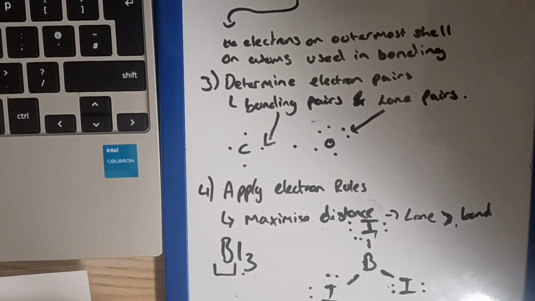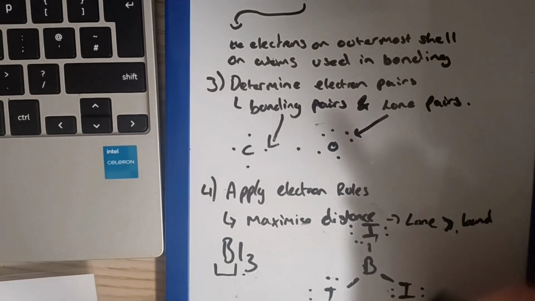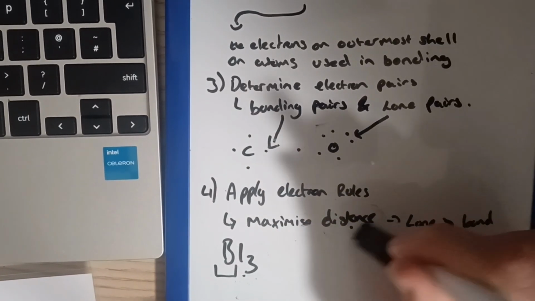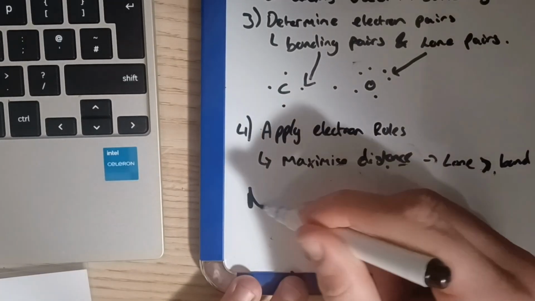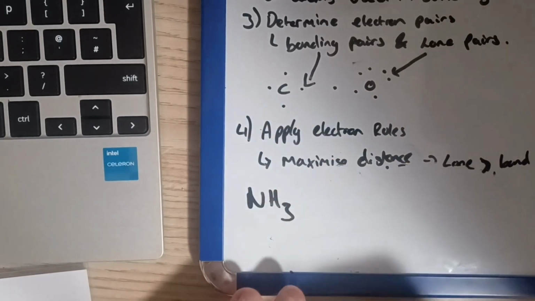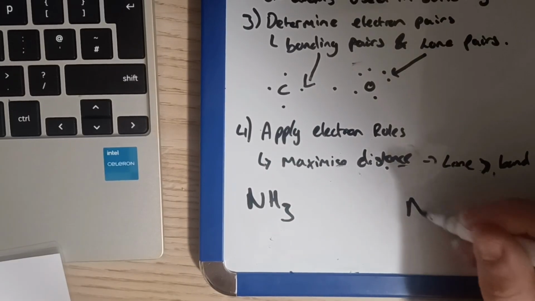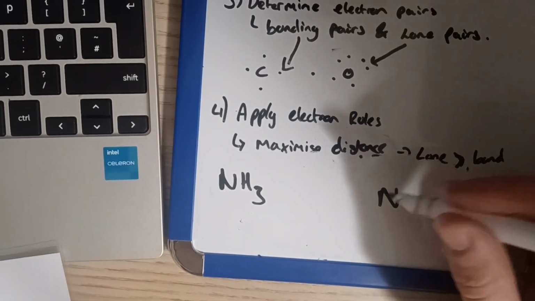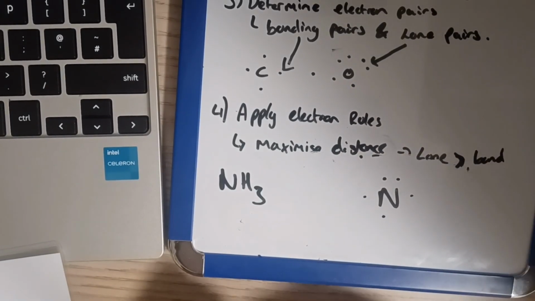So when you come to other central atoms, like nitrogen, which I will have a brief run through now, using ammonia. Our central atom, our nitrogen, has 5 valence electrons. 1, 2, 3, 4, 5.